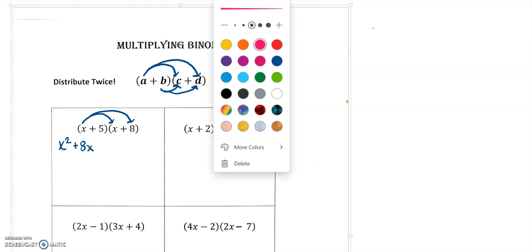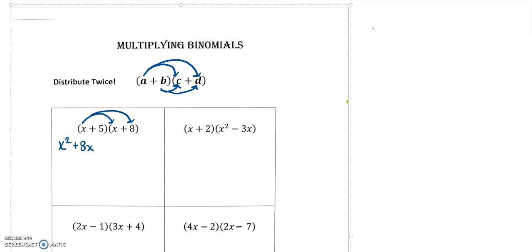Now we're going to distribute a second time. We're going to distribute the 5 to the x, and we're going to distribute the 5 to the 8. When we distribute the 5 to the x, we get a positive 5x. Then we distribute the positive 5 to positive 8, we get a positive 40.